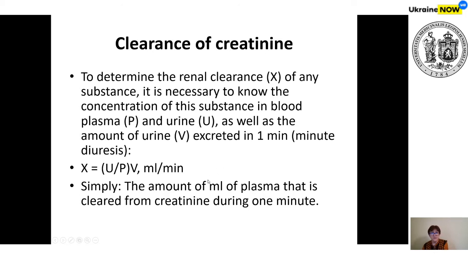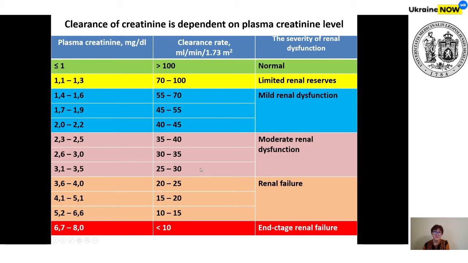Saying simply, what is the creatinine clearance rate? It's the amount of plasma, in milliliters, that is completely cleared of creatinine during 1 minute. So there is a correlation between the plasma concentration of creatinine and the clearance rate, and you can see the severity of renal dysfunction according to the rate of clearance of creatinine.